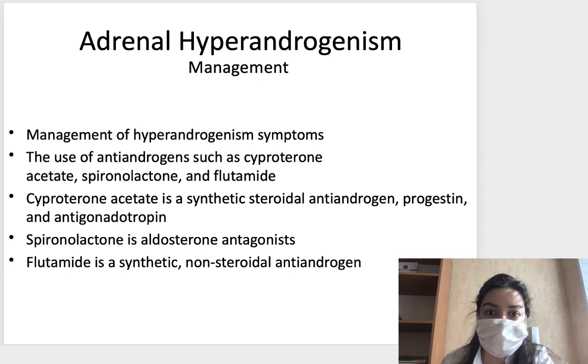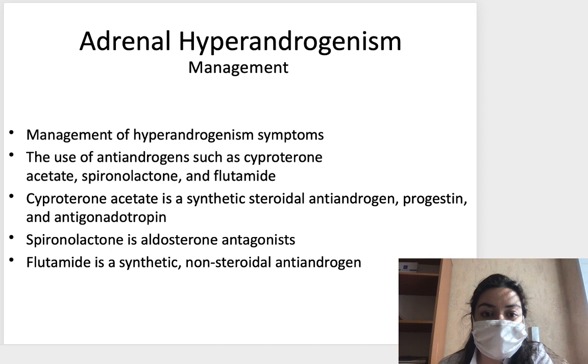Management of adrenal hyperandrogenism. Management of different hyperandrogenic symptoms is symptomatic therapy, the use of anti-androgens such as cyproterone acetate, spironolactone, or flutamide.